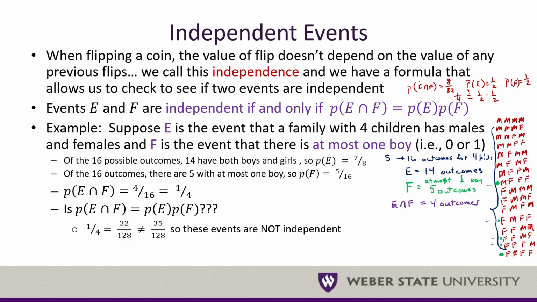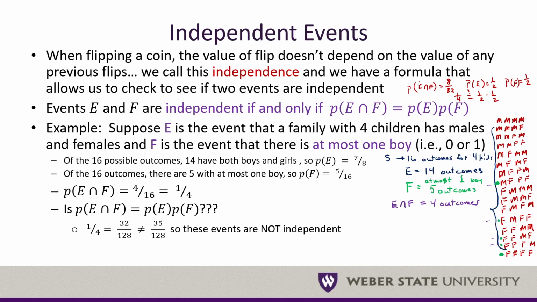So having at most one boy is not independent of having, let's see, F. F is the event at most one boy. Given that we have at most one boy, 0 or 1 boys, is that independent of having both males and females? And the answer is no, it's not.